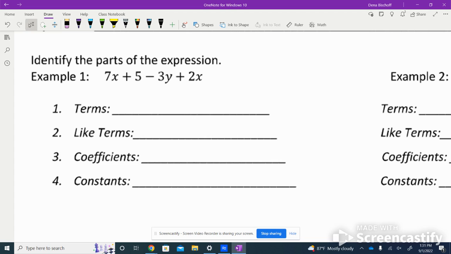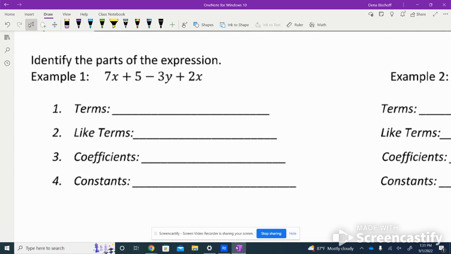Okay. So I want everyone to look at this. What did we say a term was? We're gonna look at terms. So I want you to circle them. Okay? So this is a term. It's a number with a variable. A number and a letter together is a term.